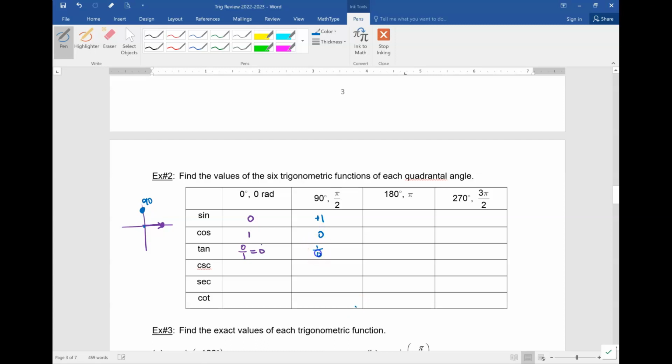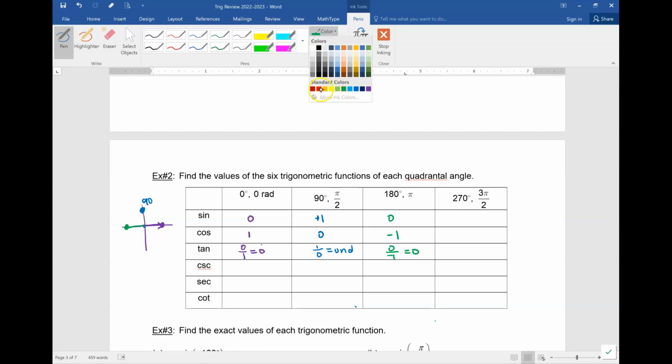Tangent is 1 over 0, undefined. Right, so let's go to the 180 here. To get to that point from the origin, sine is vertical. How much do I go vertically to go to that green point? 0. How much do I go horizontally to get to the green point? Left 1, which is negative 1. Tangent is 0 over negative 1, 0.